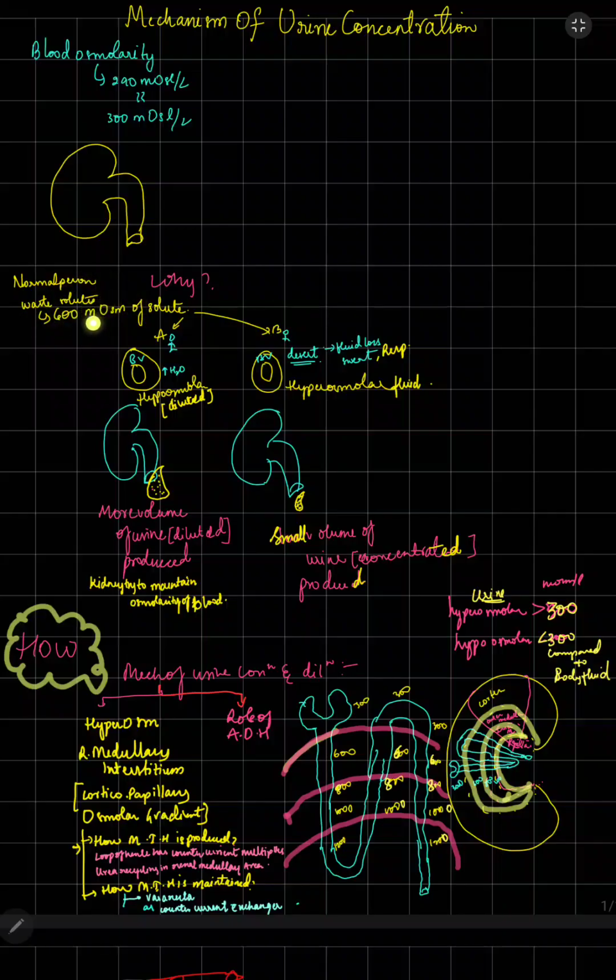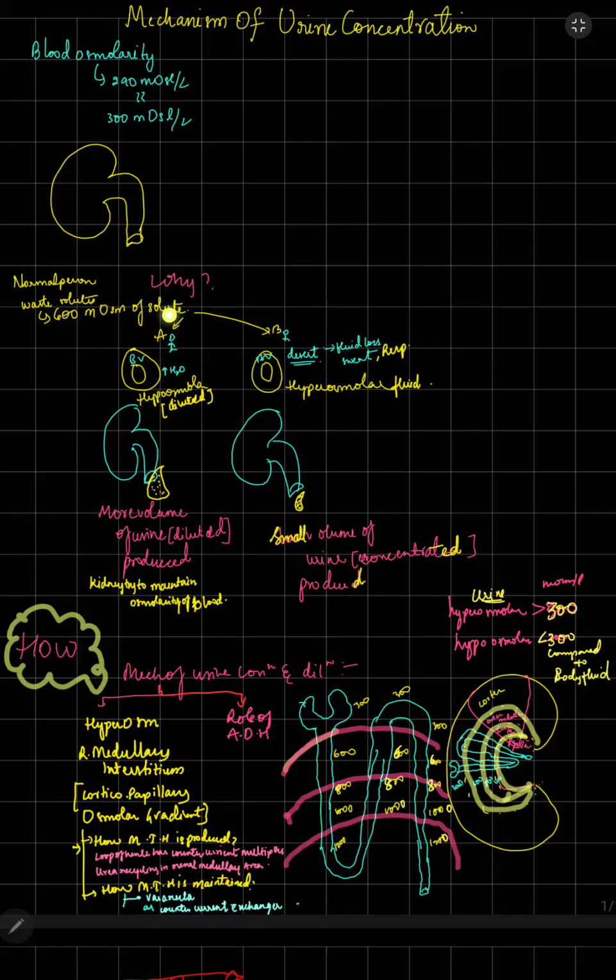This 600 milliosmol is the waste solute generated by an average 70 kg person.